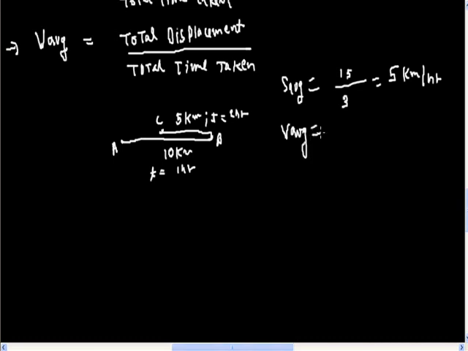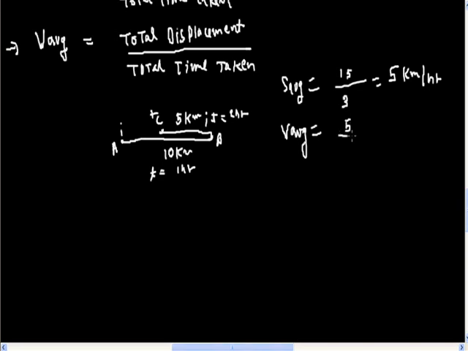Now we have to calculate average velocity. First we calculate total displacement. Displacement is the shortest distance between initial and final position. The initial position is A and the final position is C. Then the distance between initial and final position is 5 km, because 10 minus 5 comes out 5.